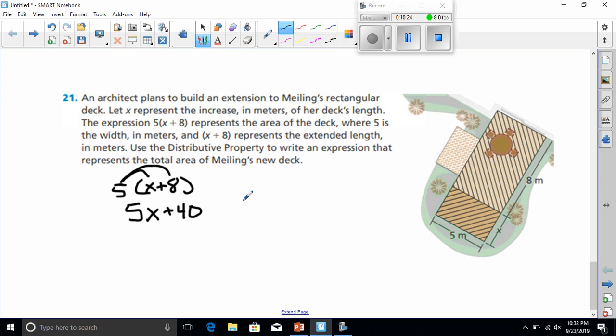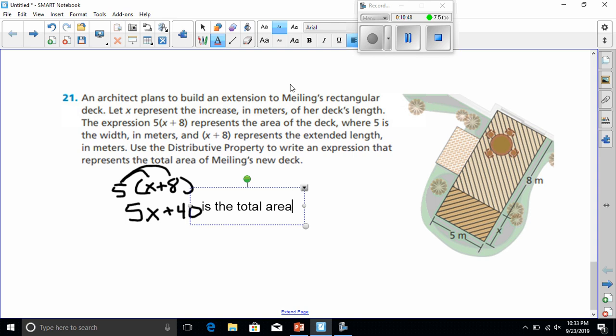So our expression is going to be 5x plus 40. And what does that represent? Well, that's going to represent the total area of the deck. So I could just type that in. It is the total area of the deck.